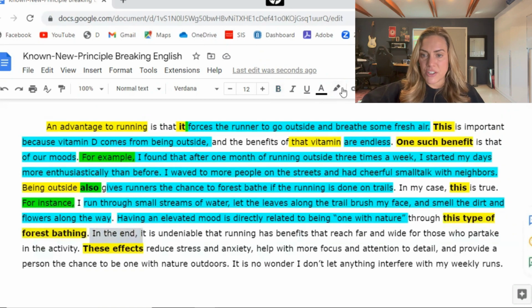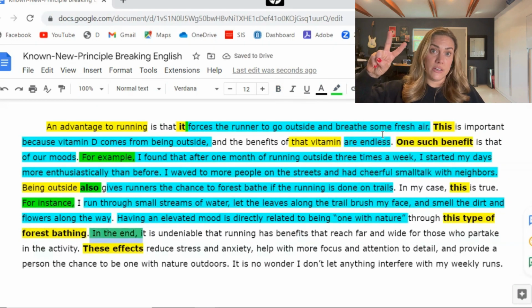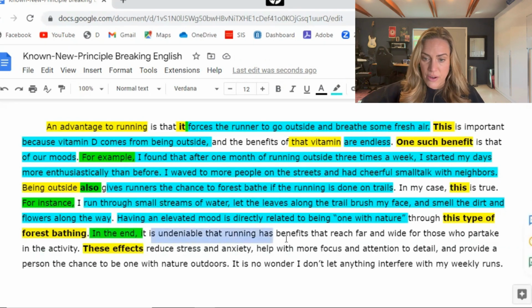In the end, there's another transition to show the reader I'm done, I'm finishing. In the end, it is undeniable that running has benefits that reach far and wide for those who partake in the activity. This is known information.